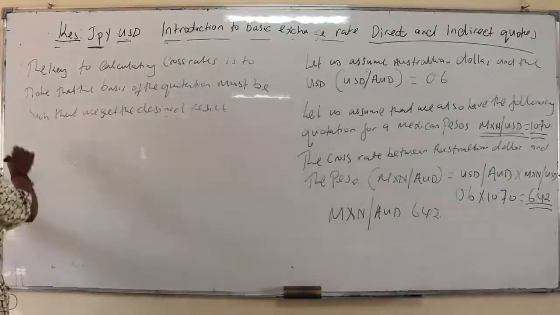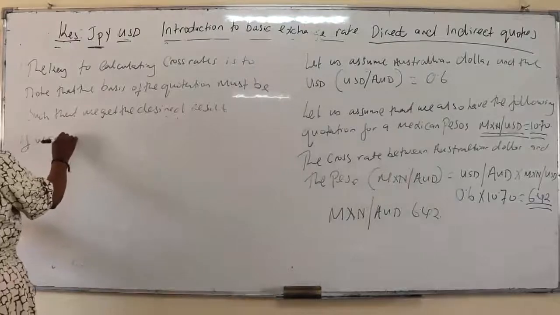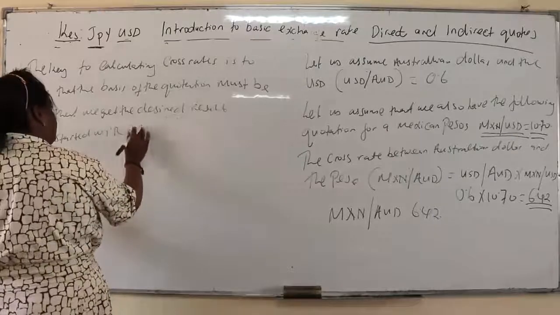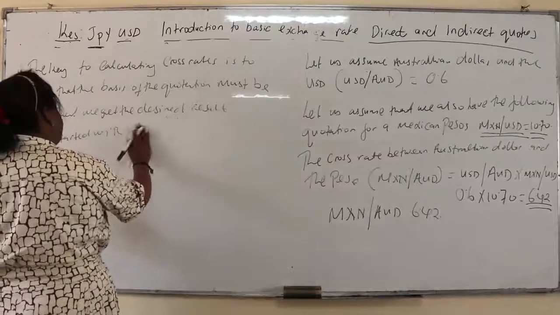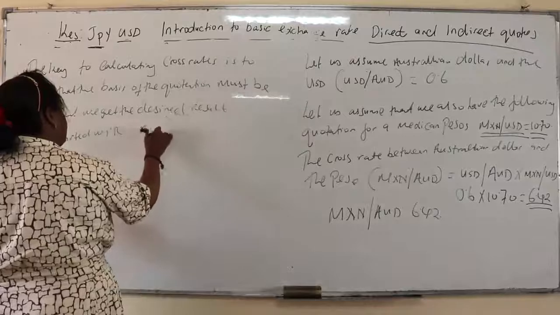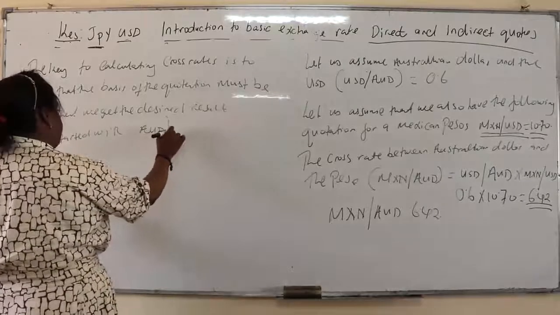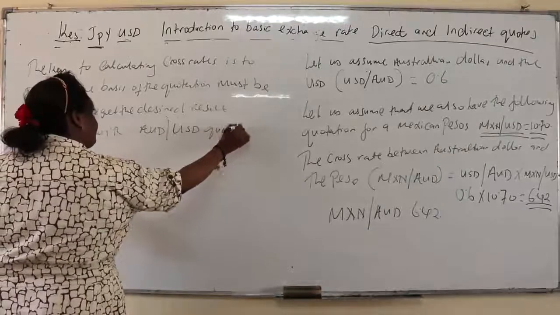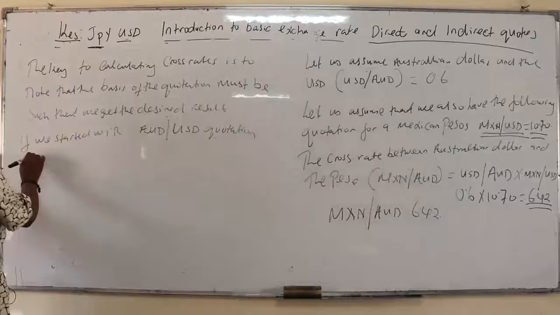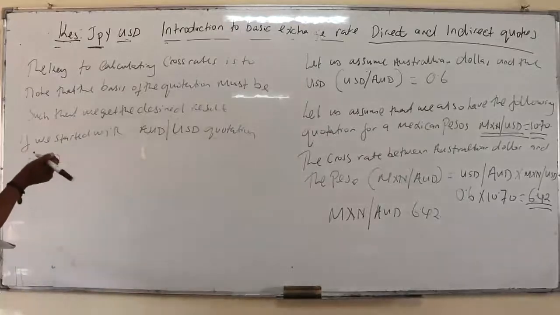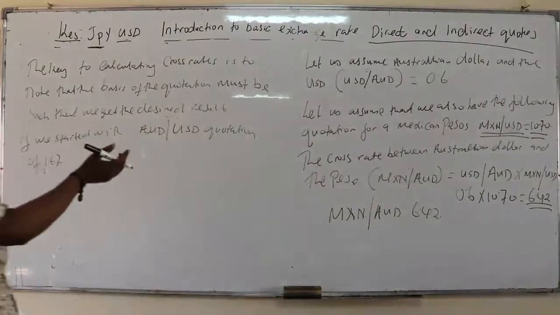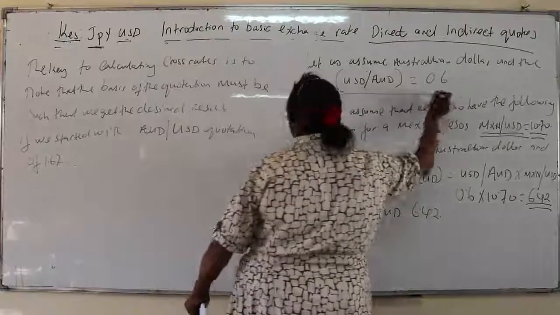So if we started with the Australian dollar versus the US dollar quotation of 1.67, that's actually just getting the inverse of the Australian dollar quotation here, which is what is giving us 1.67.